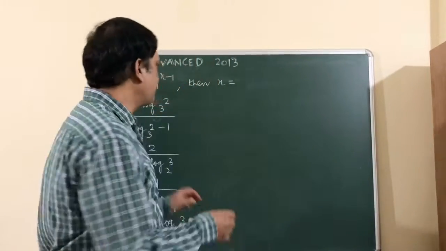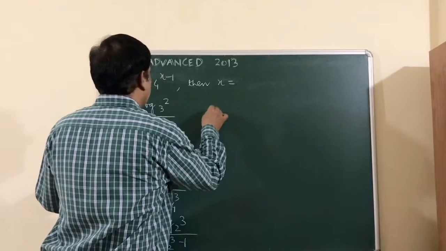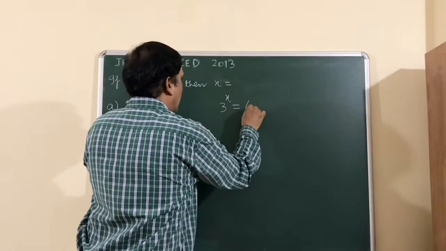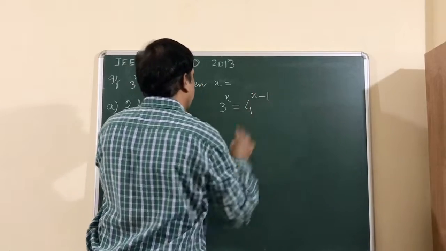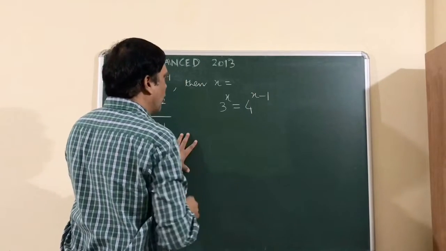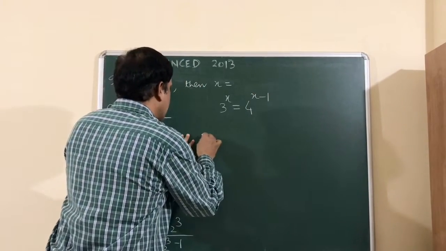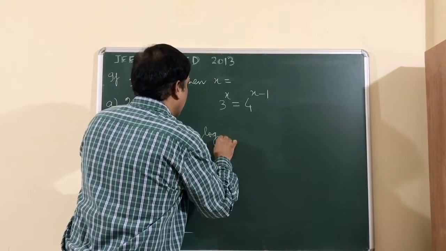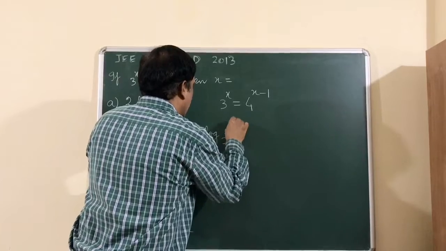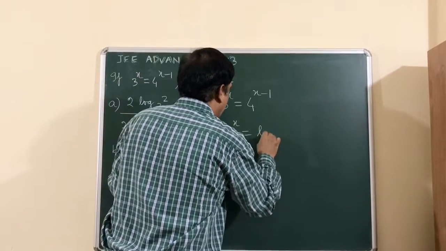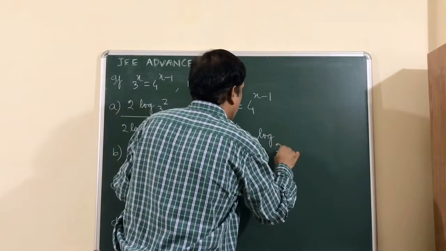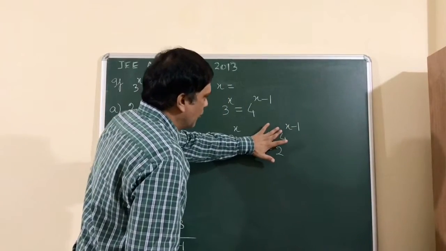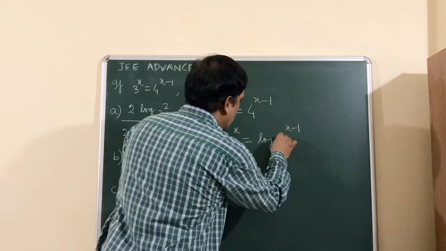Let's see. It is given that 3 raised to the power x is equal to 4 raised to the power x minus 1. So we'll take log base 2 on both sides, and we can write log base 2 of 3 raised to the power x is equal to log base 2 of 4 raised to the power x minus 1, and you see that 4 you can write as 2 raised to the power 2.